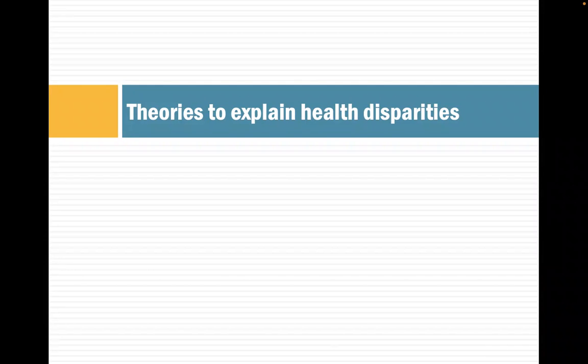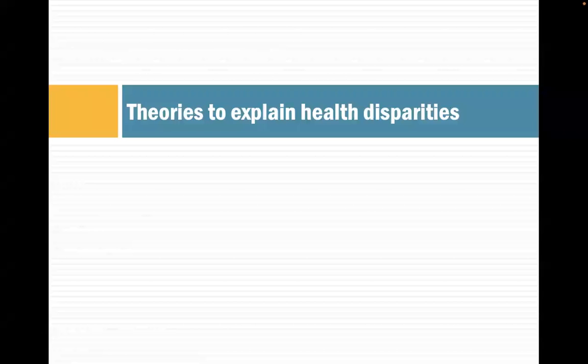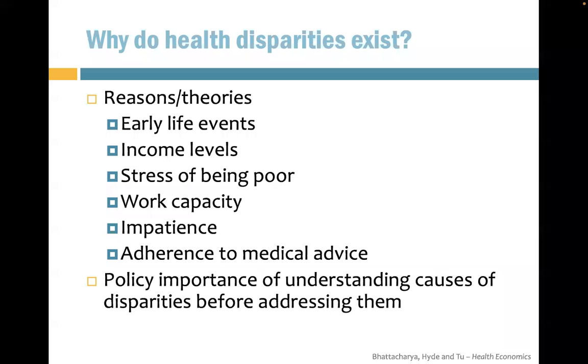So we come up with a bunch of theories, and we want to look into them one by one to see if we have any empirical evidence in support of all of these theories. So there is early life events, income level, stress of being poor, work capacity in patients, and adherence to medical advice.